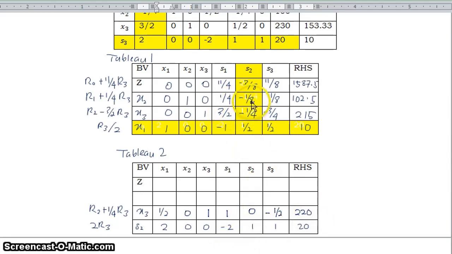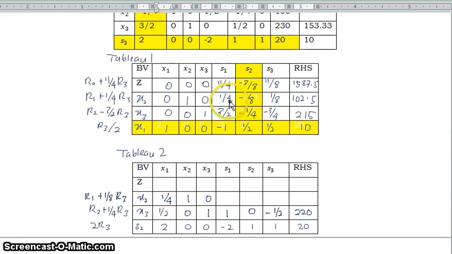Next, for row 1, the ERO is row 1 plus 1 over 8 row 3. And the basic variable for row 1 is x2. Okay, we have here coefficient of x1, 0 plus 1 over 8 times 2. So we get 1 over 4. Coefficient of x2 is 1. x3 is 0.